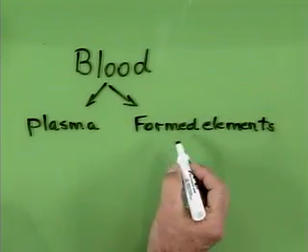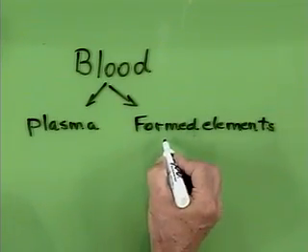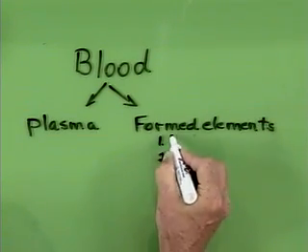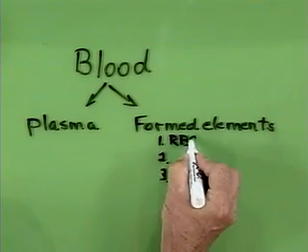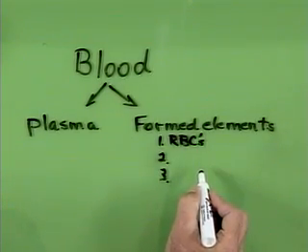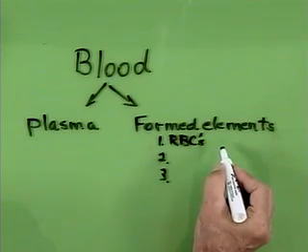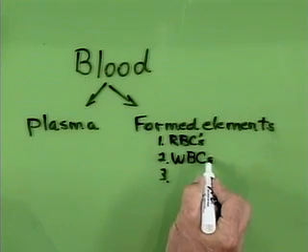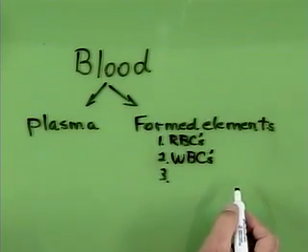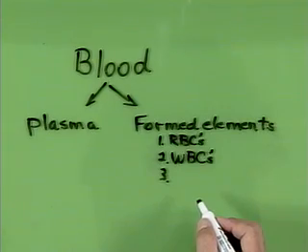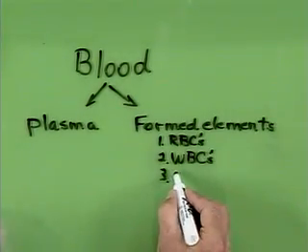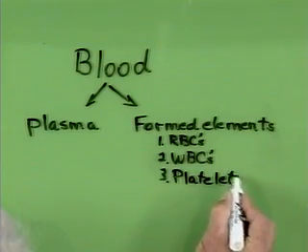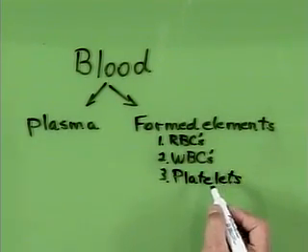Matter of fact, the formed elements can be divided into 3 categories: RBCs, red blood corpuscles, also known as erythrocytes; WBCs, white blood cells, also known as leukocytes; and platelets, also known as thrombocytes.